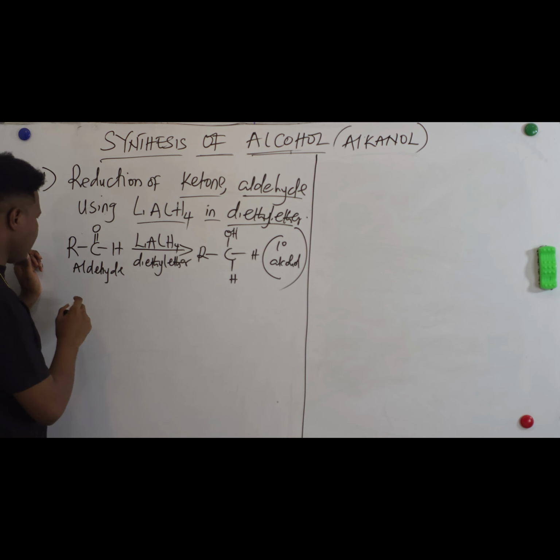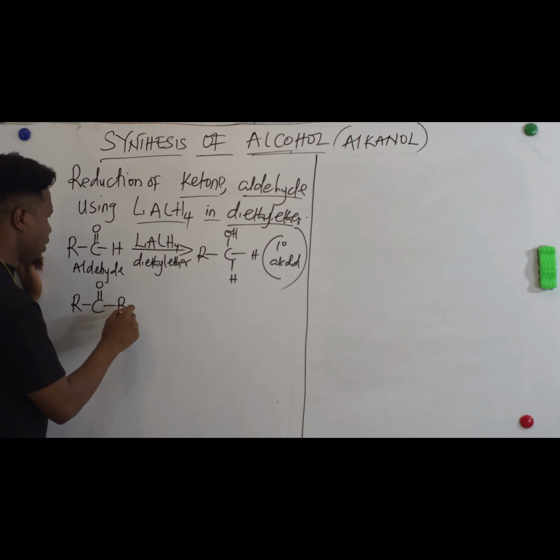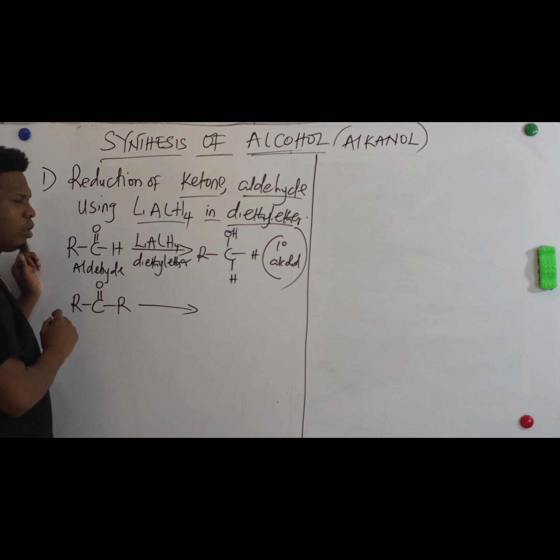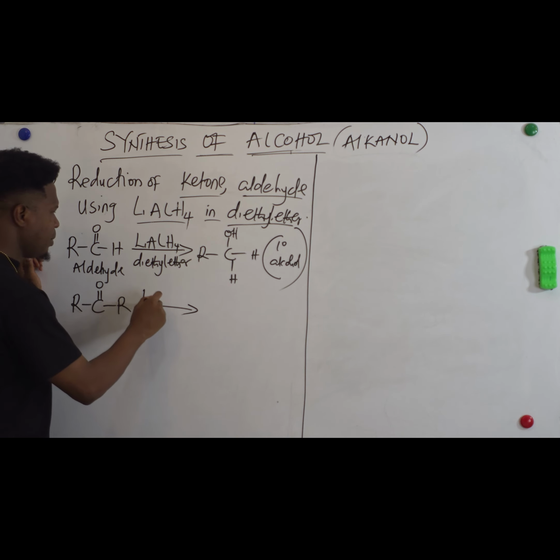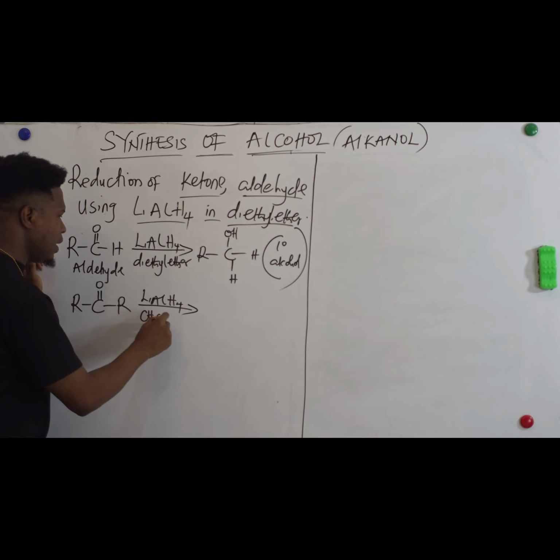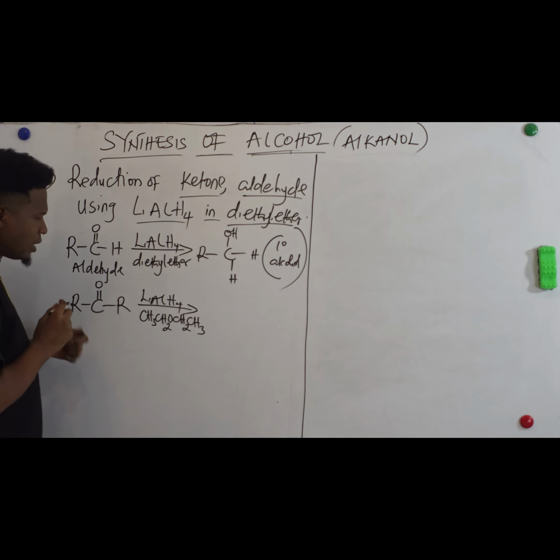So the next one is ketone. Ketone is R, C double bond O, R. When you undergo this reduction using the same lithium aluminum hydride in diethyl ether, the same thing will happen.